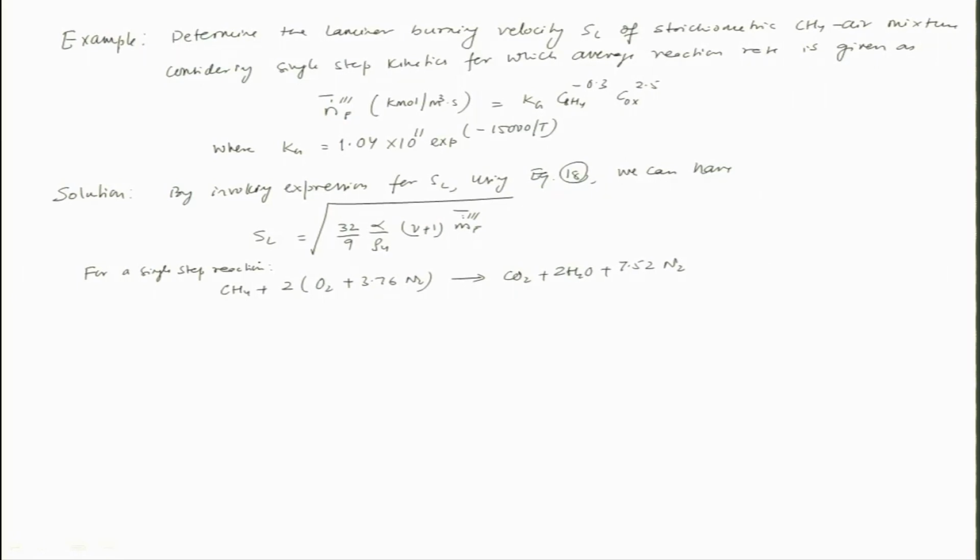And we need to evaluate basically all these properties like nu, we can find out what it would be, right. We will also have to find out the mass fractions, because we will have to evaluate this m dot triple dash f.